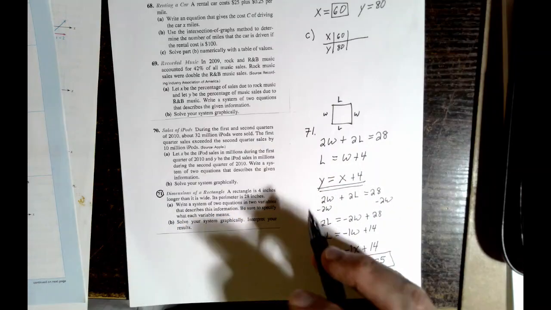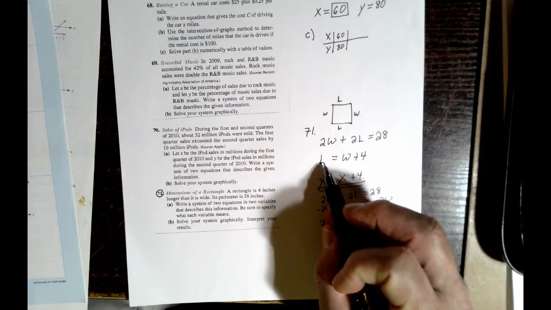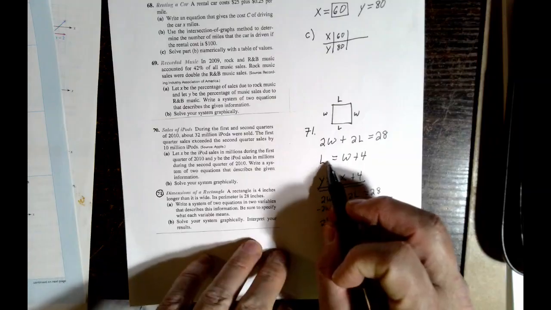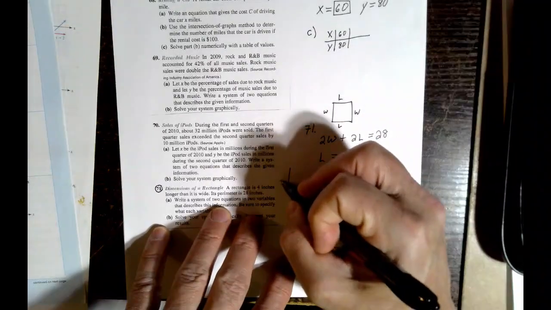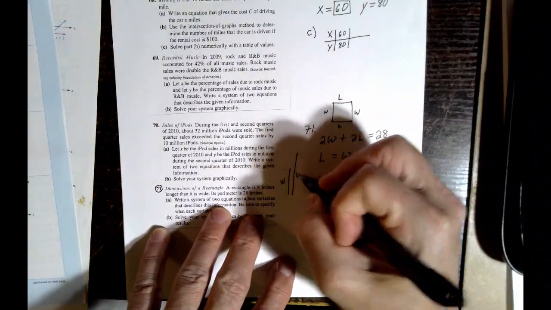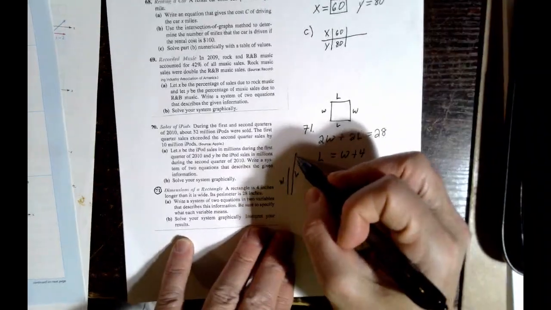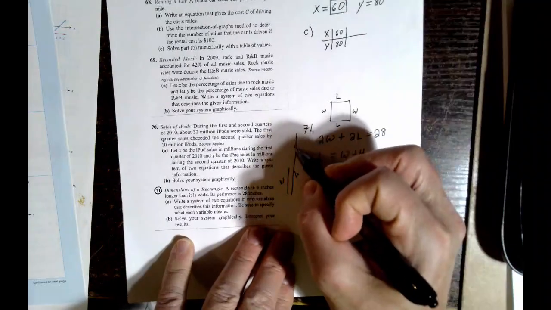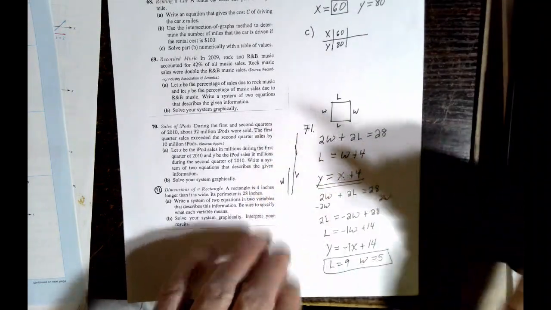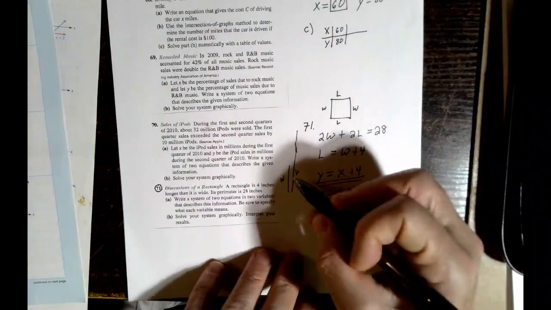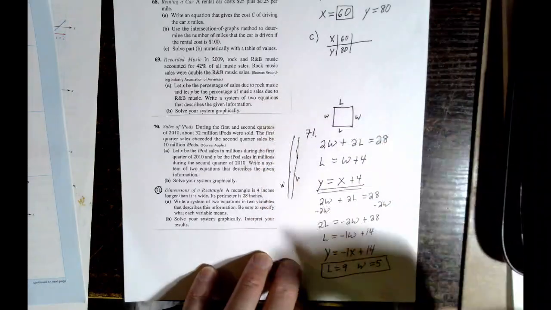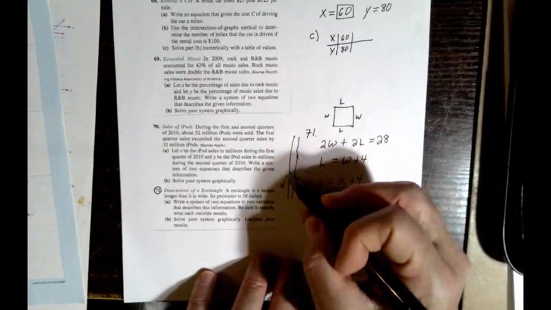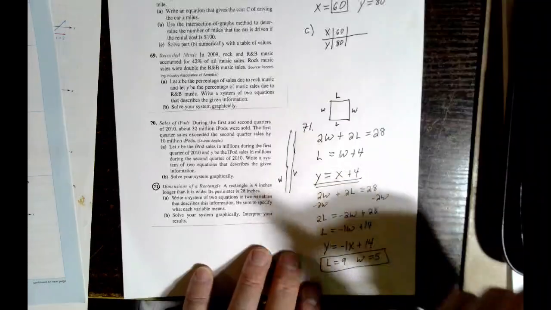Now, the most common mistake people make is they say, oh, if L is 4 longer, I'm going to say L plus 4 equals W. No. If L is longer, say this is W, and this is L, and if you add 4 to L, it makes it even more disparate. It's not equal at all. The only way you're going to make these two equal is if you add something to W, so it will equal L. So that's what you're doing. You're adding 4 to W so that you can say that it equals L.